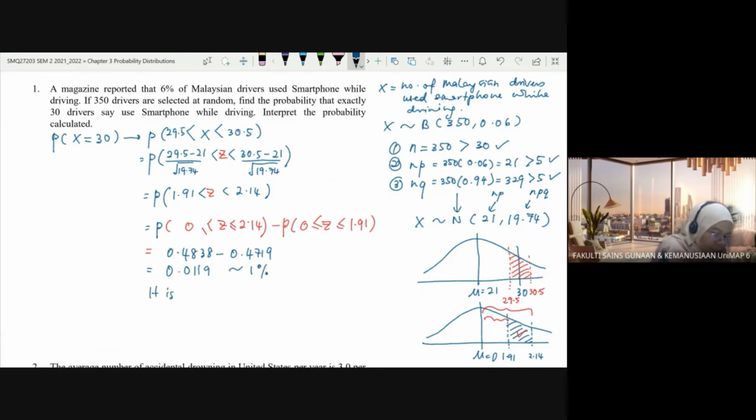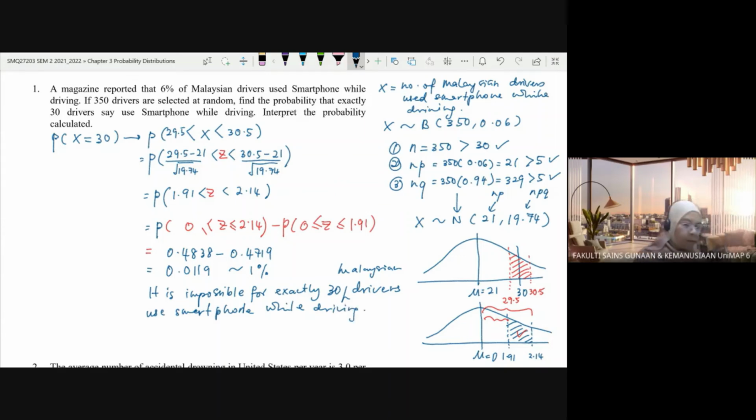So it is impossible for exactly 30 drivers, exactly 30 Malaysian drivers, to be exact, Malaysian drivers use smartphone while driving. Okay, so that will be for normal approximation for the binomial.